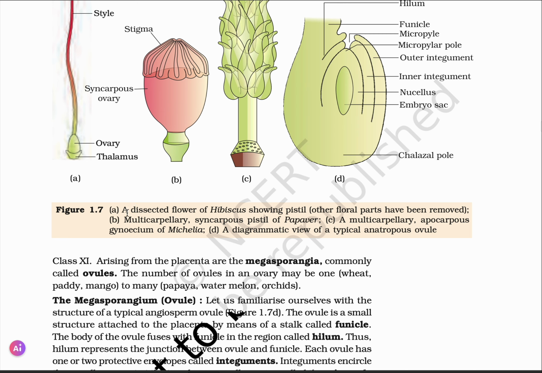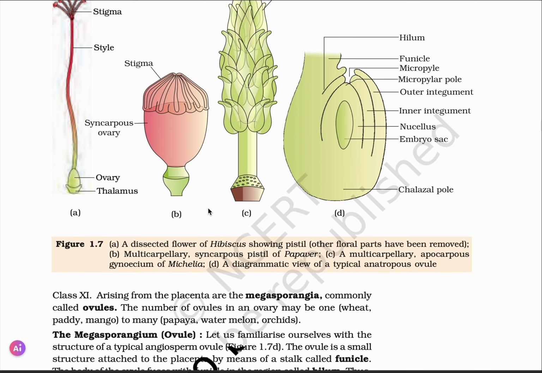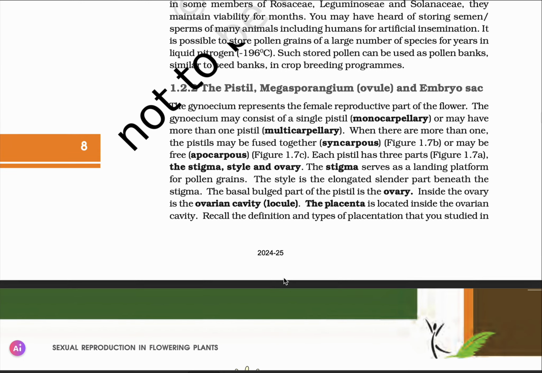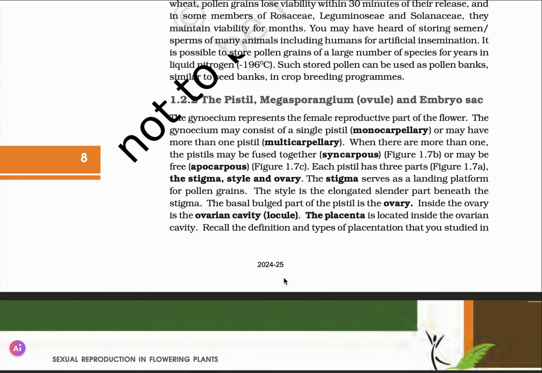From here we need to remember that multicarpellary syncarpous pistil is of Papaver, and the multicarpellary apocarpous gynoecium is of Michelia. I remember it as AM, apocarpous Michelia, and PS, Papaver syncarpous. AMPS.